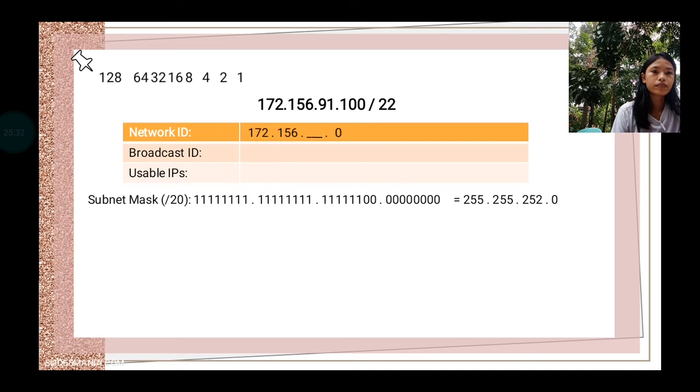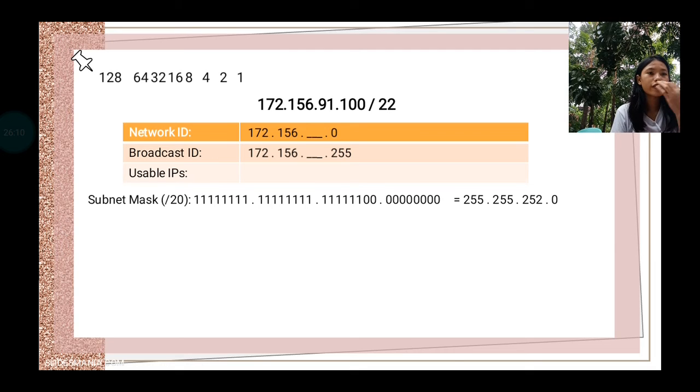Next, since the first two octets have all 8 bits turned on, we will not change anything about them. They will stay the same. So now we have 172.156 as our first and second octet.